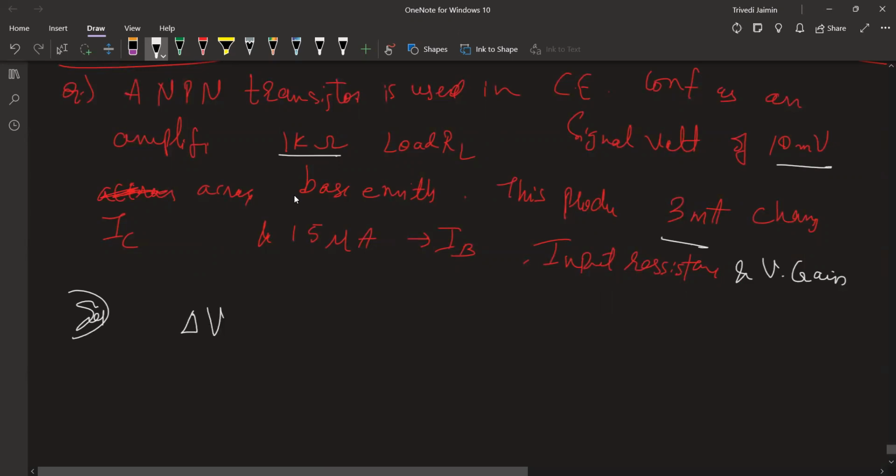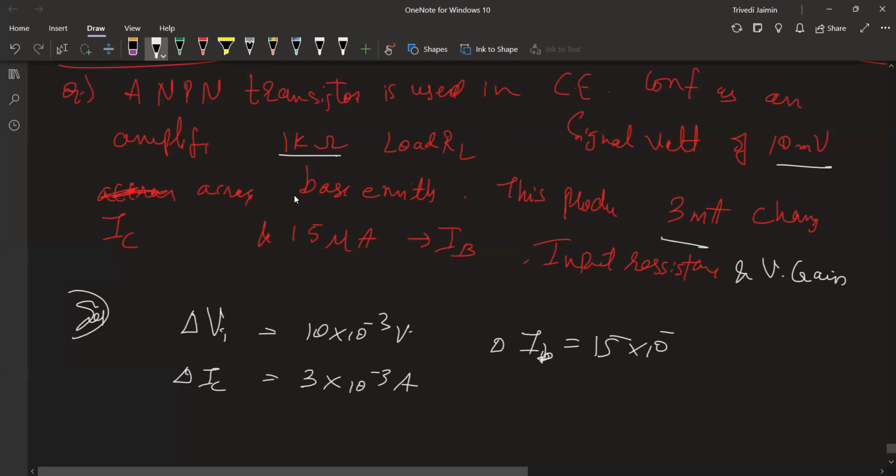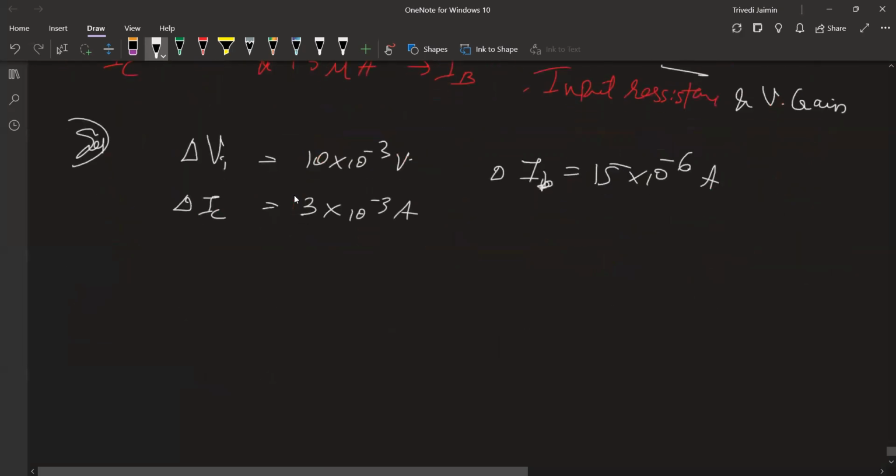So delta Vi equals 10 into 10 to power minus 3 volt. Delta IC is 3 into 10 to power minus 3 amp. Delta IB is 15 into 10 to power minus 6. That's it. We don't need anything else.